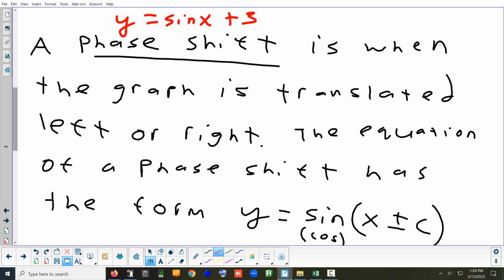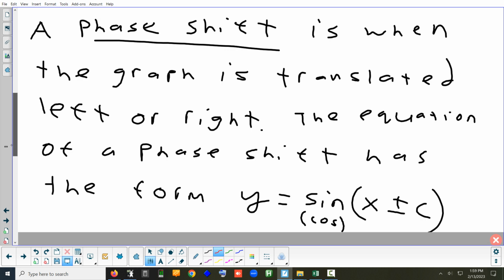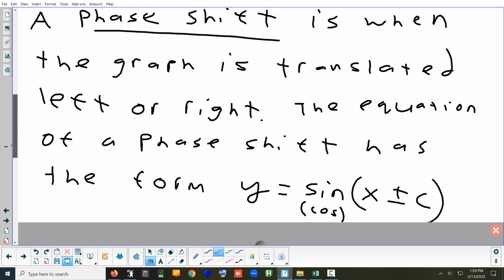It has to have parentheses around x and the number. And whether it's sine or cosine doesn't matter. It could be either one. The only thing that sine and cosine affects is the table that you're starting with.